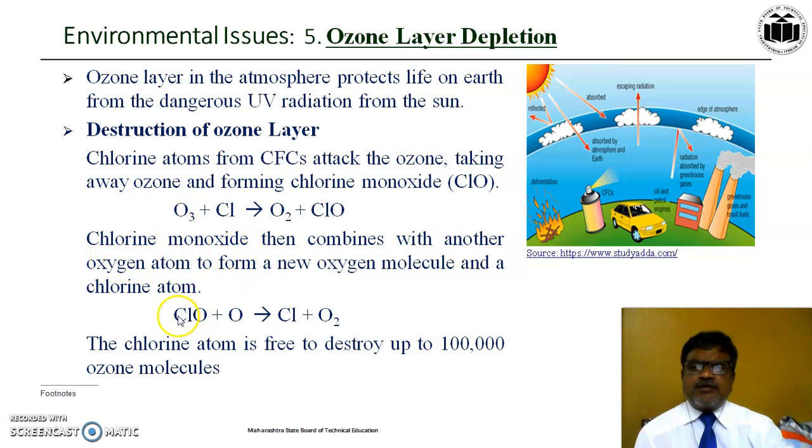This chlorine monoxide then reacts with an oxygen atom and forms an oxygen molecule and a chlorine atom. This chlorine atom is very dangerous for the ozone. One chlorine atom is free to destroy up to 1 lakh ozone molecules. In this way there is destruction of the ozone layer.